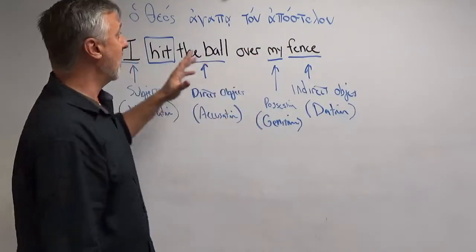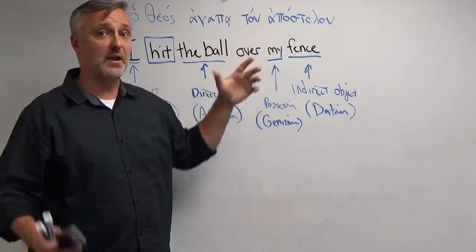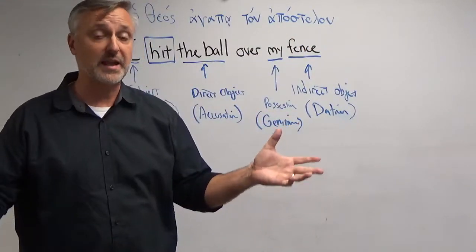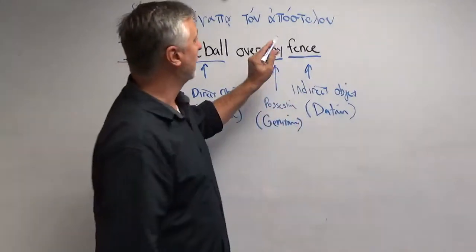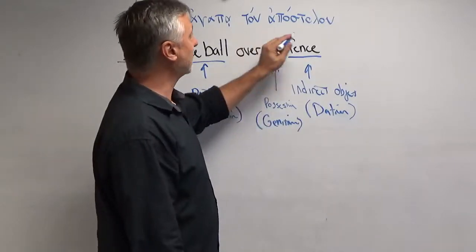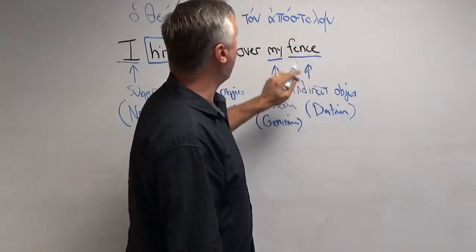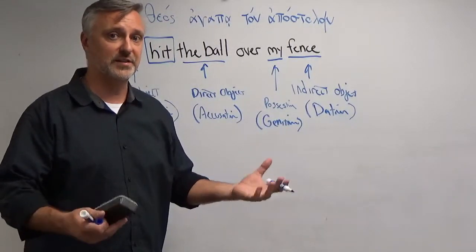You'll notice that this word looks a lot like a word you memorized, apostolos. And it is the same word. Apostolos is the lexical form, the nominative form of the word. But apostolo- is the stem, and stems will take different endings to show what their function is in the sentence.